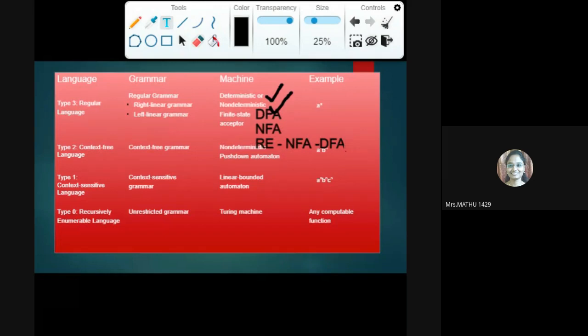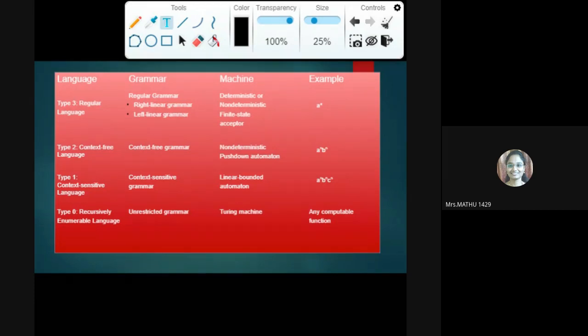Is that clear? Any doubt regarding this? Do you understand? Are you all present in the class? Yes, ma'am. Do you understand it?